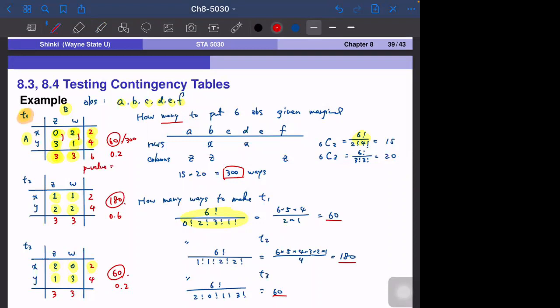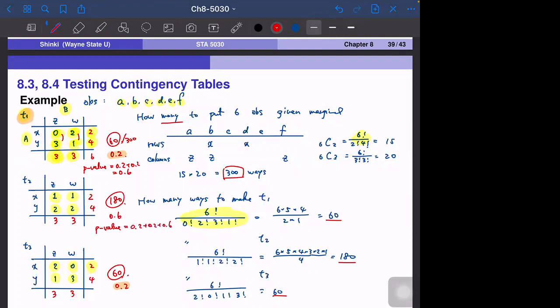So the p-value for table 1 is equal to the summation of the probability of this and the smaller ones. So that means this is 0.2. And the last one is as extreme as the first one. So the p-value is 0.2 plus 0.2, so 0.4. The next one actually has the largest probability. So the p-value is 0.2, 0.2, 0.6.